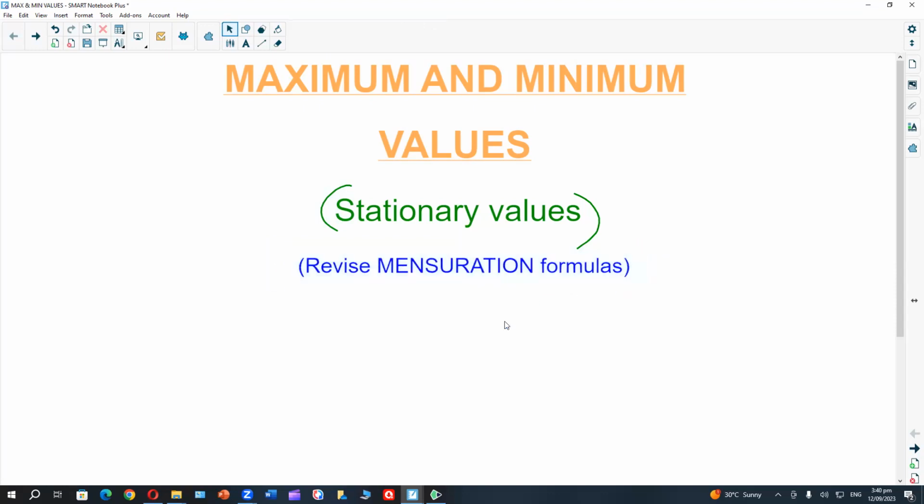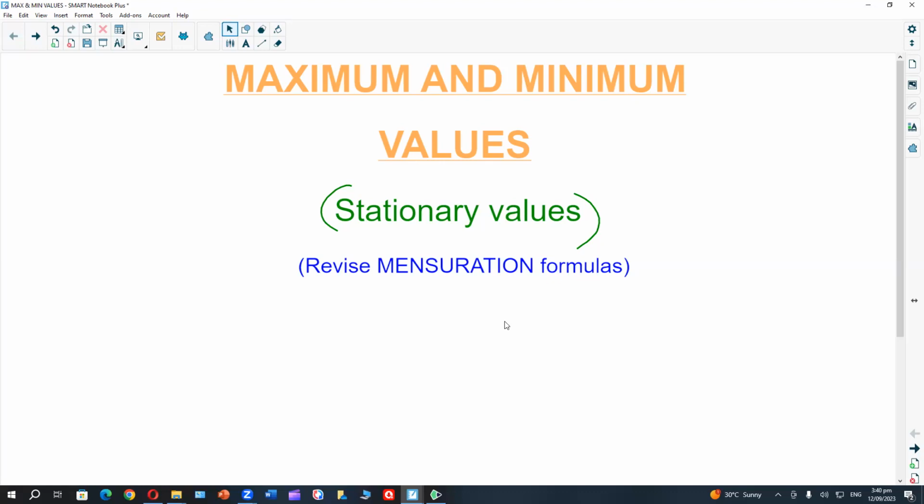This topic needs some memory of O-level maths mensuration questions. I will share with you the formulas, and you need only the mensuration formulas from O-level maths, and you have to remember them for solving these questions. These are diagram-based questions, and within differentiation, this is the most challenging topic.